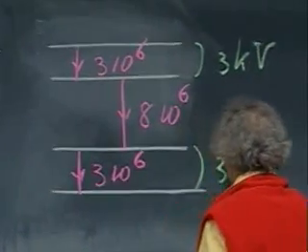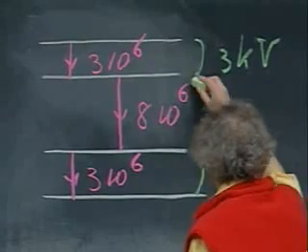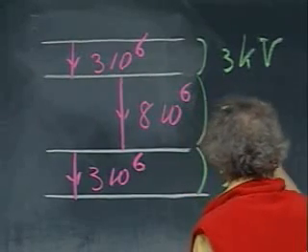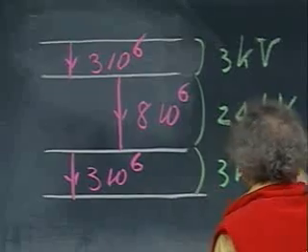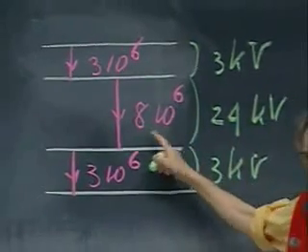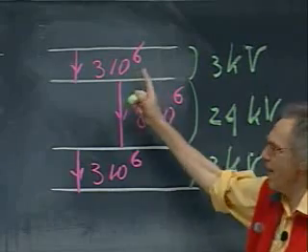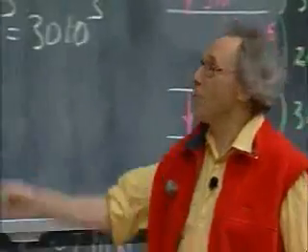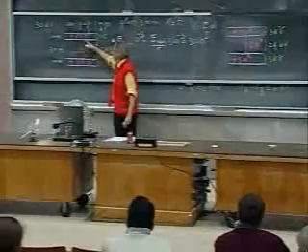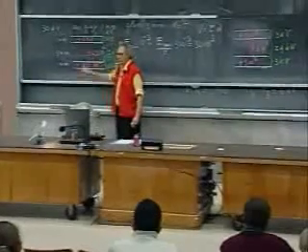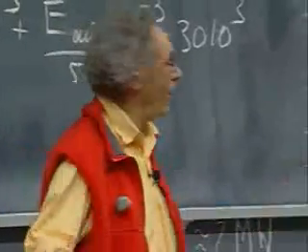This here gives me 3 kilovolts. So now I need a potential difference here of 24 kilovolts. And that over 3 millimeters requires this field. Look, this field is stronger than that field. Whereas earlier we made the assumption that this field was 5 times lower than that field. Why is it now higher?